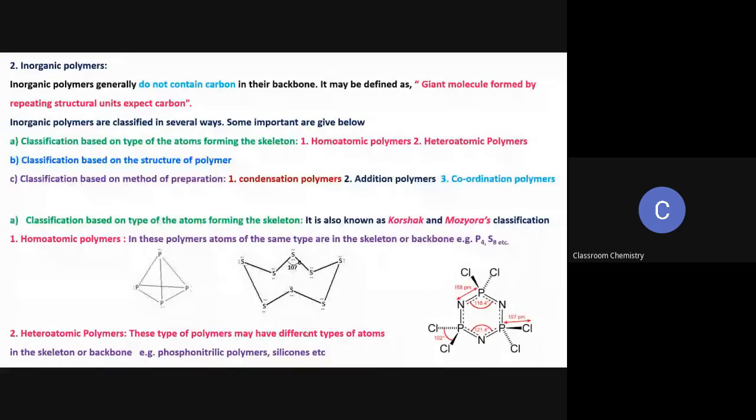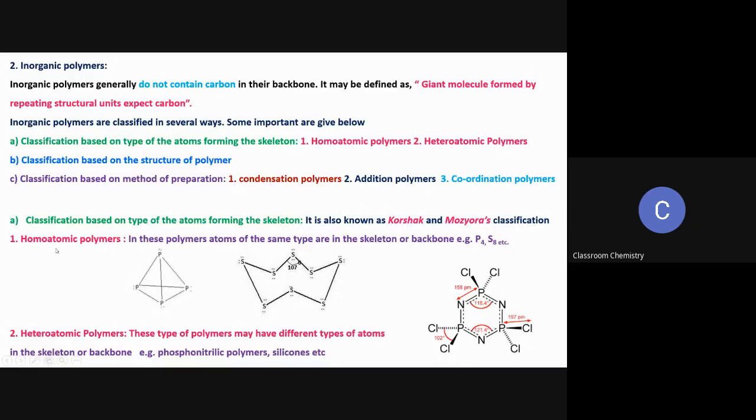First, classification based on the type of atoms forming the skeleton, which is also known as the Korshak and Mozoyo-Ras classification.